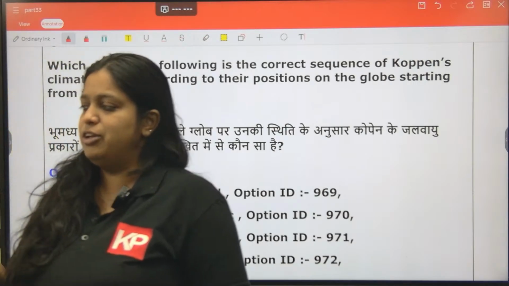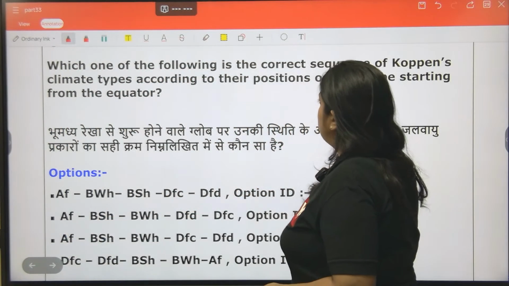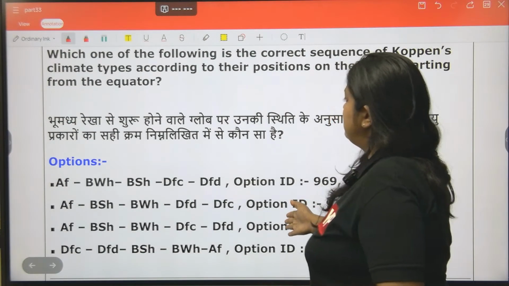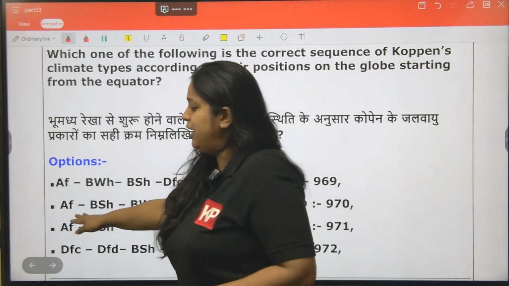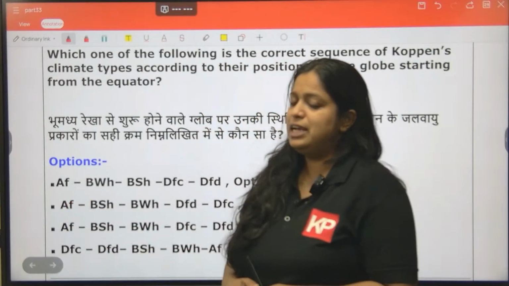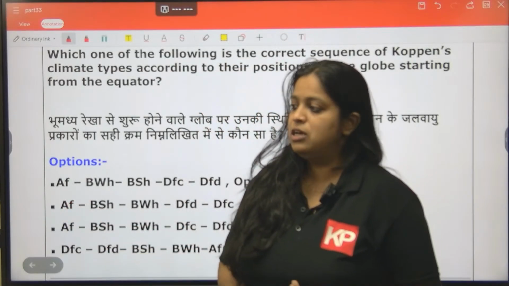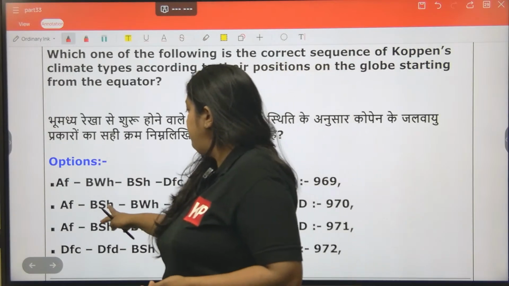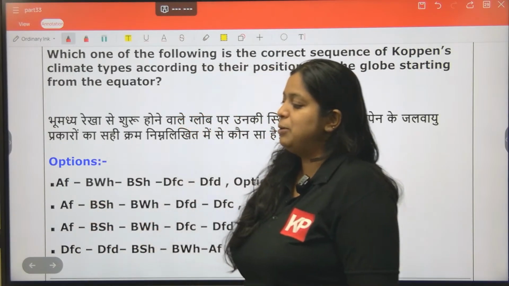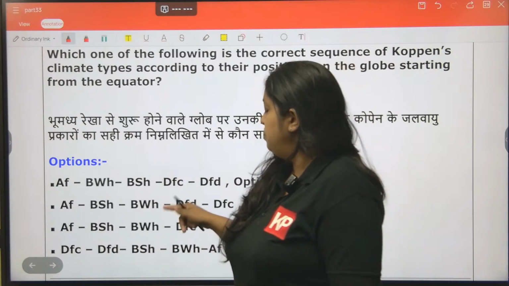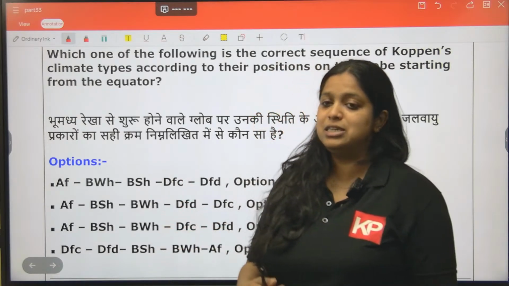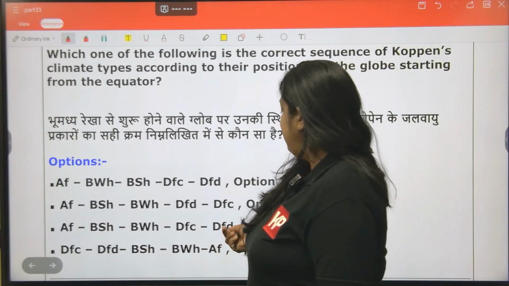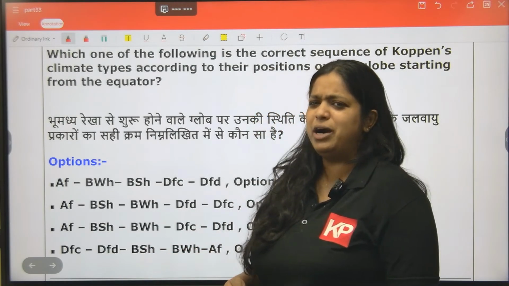If you know the different terminologies associated with Köppen's climate classification, what does Af mean? Af indicates tropical rainforest. BSh indicates hot semi-arid climate. BWh indicates hot desert climate. Dfc indicates subarctic climate.